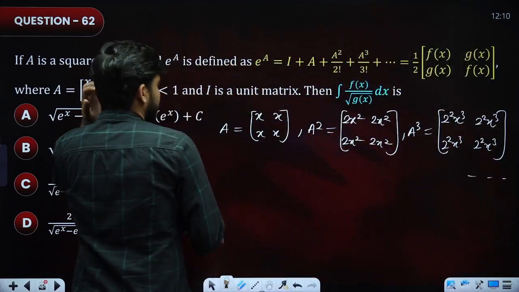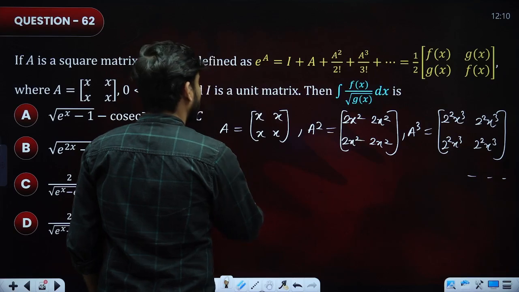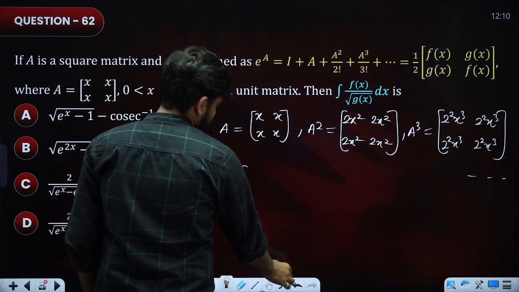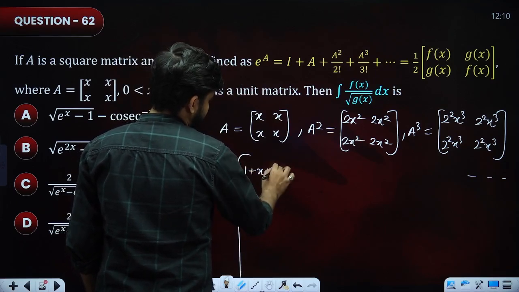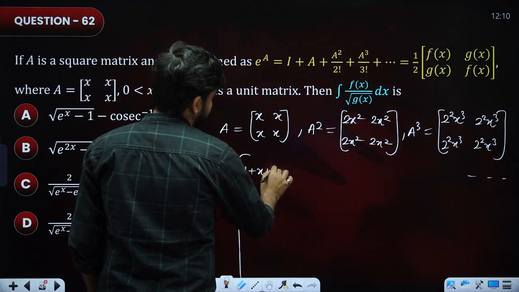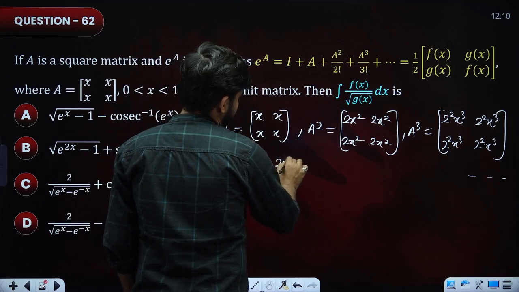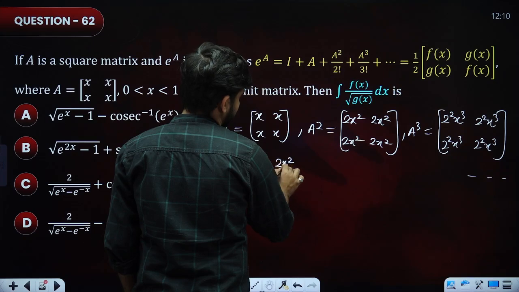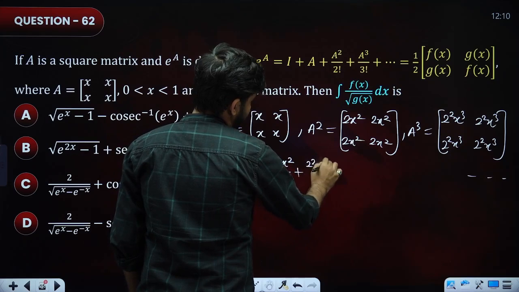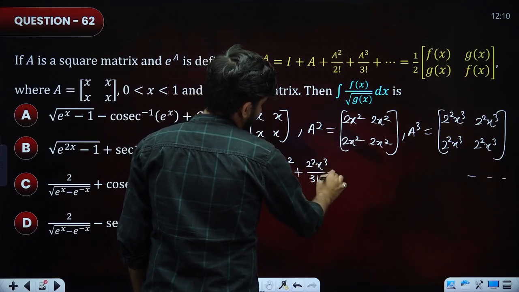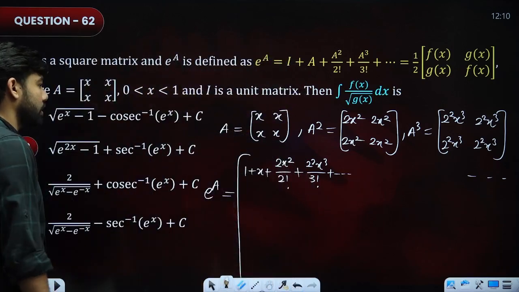Therefore e raised to A is equal to, if I add all the values like this, 1 plus x plus 1 plus x plus 2x square upon 2 factorial plus 2 square x cube upon 3 factorial and so on. That's how we can write it.